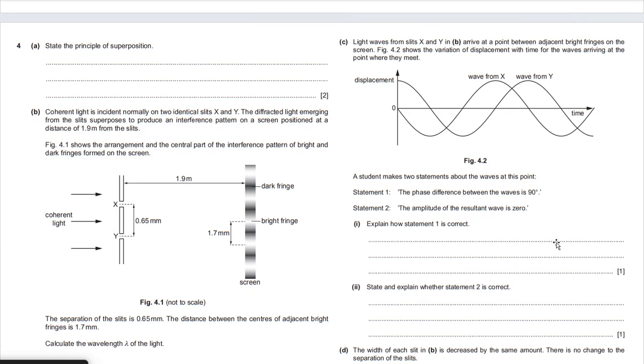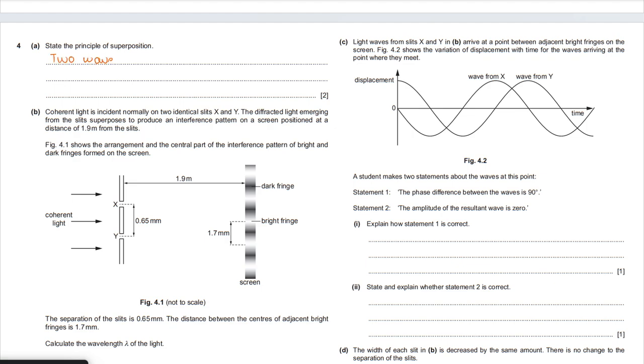State the principle of superposition. What was the superposition principle? When two waves of the same type traveling in the same direction meet at a point, the resultant displacement is the sum of the individual displacements. Okay?